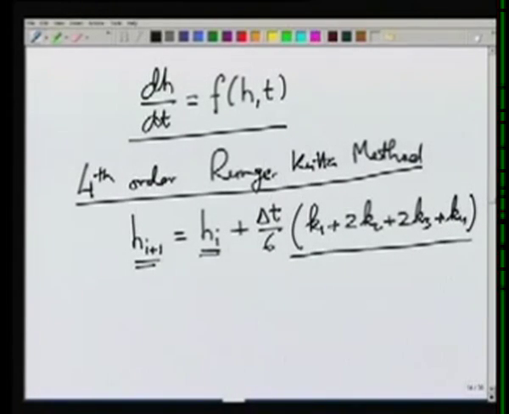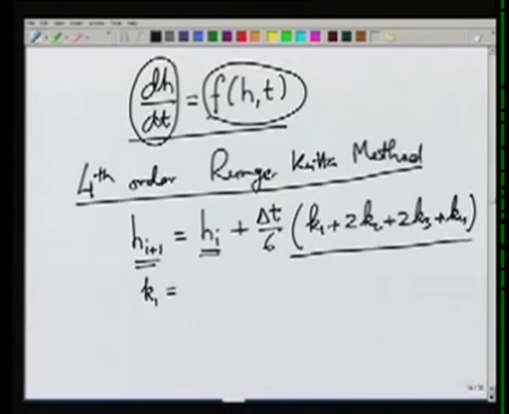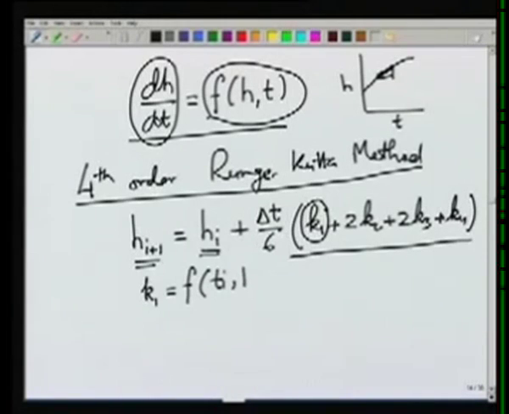The values of k1, k2, etc. are based on the function value of h and t. So dH by dt denotes the slope of the h versus t curve. So dH by dt really indicates the slope at any point t. So k1 is also a slope, but evaluated at some point which is ti and hi.